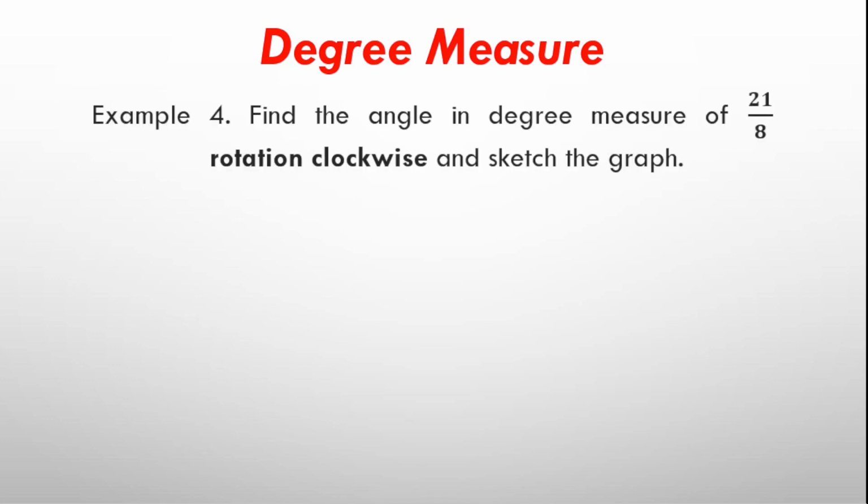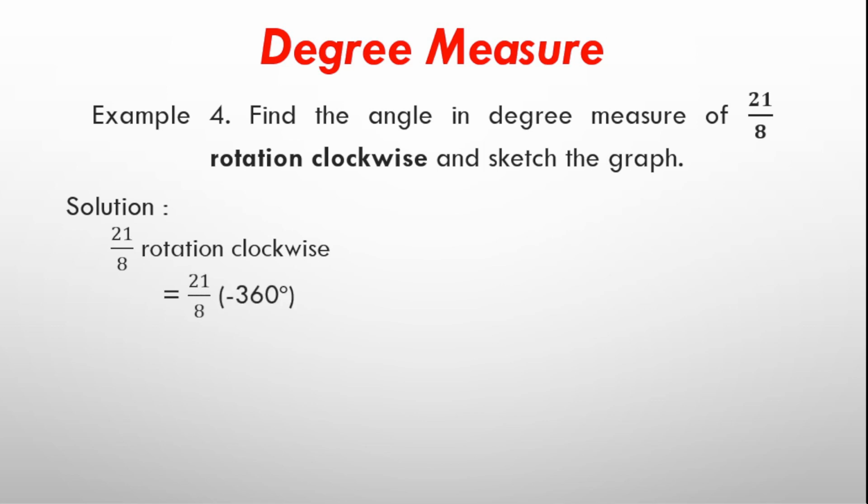Example number 4. Find the angle in degree measure of 21/8 rotation clockwise and sketch the graph. First thing is, since the rotation is clockwise, we are going to multiply the fraction 21/8 by negative 360 degrees. As we simplify, it becomes negative 7,560 degrees divided by 8, which is equal to negative 945 degrees.